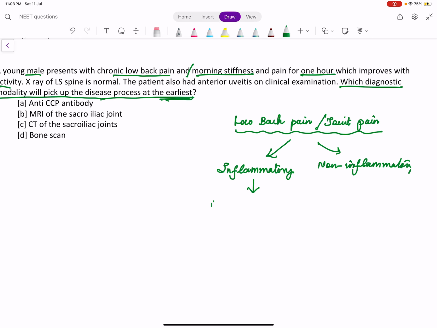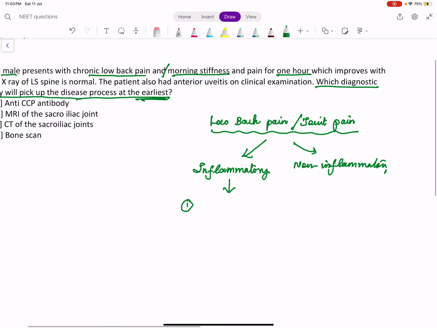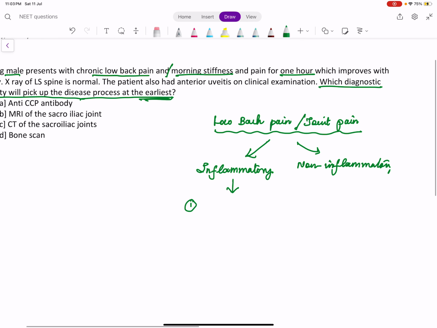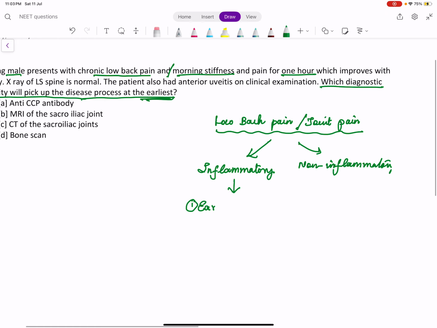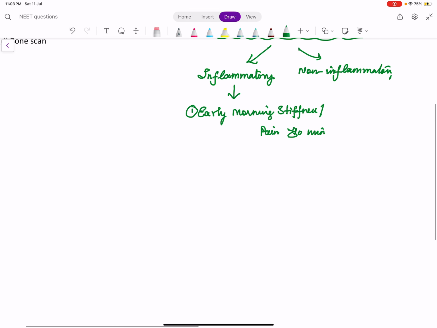So the main clue for inflammatory pain is early morning stiffness or pain more than 30 minutes, and pain which is more on rest and relieved with activity.